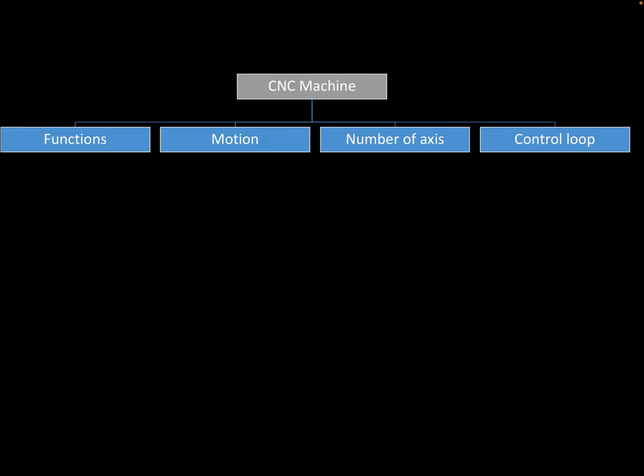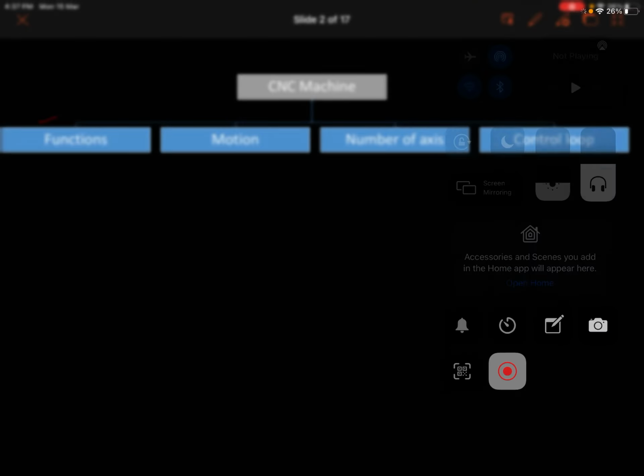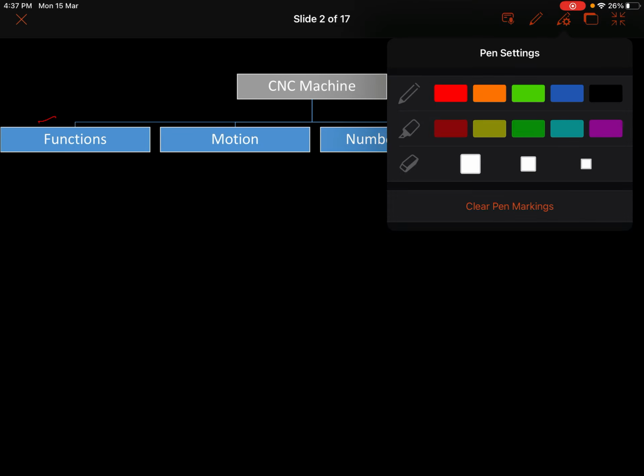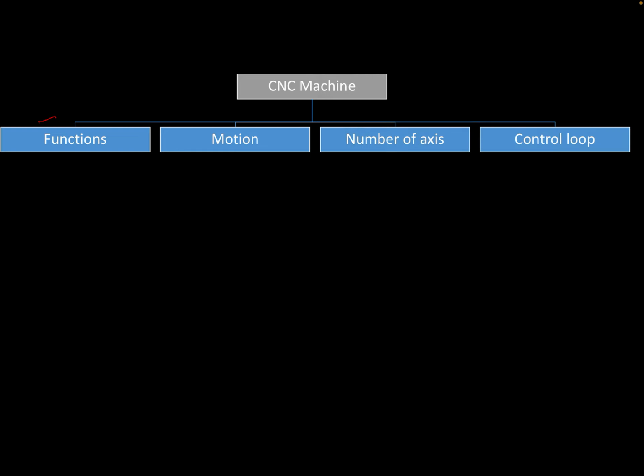There are many types of CNC machines which can be classified into different categories, like the function of the CNC machine, the motion of the CNC machine, the number of axes of the CNC machine, and the control loop of the CNC machine.